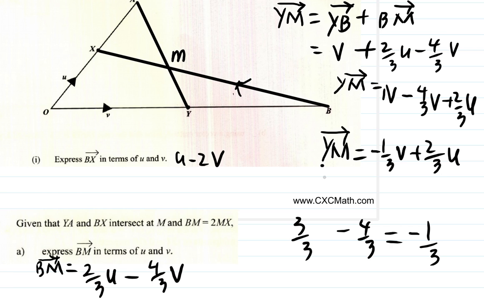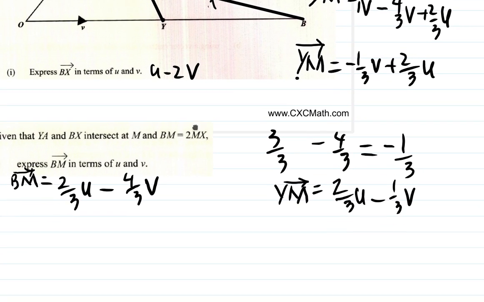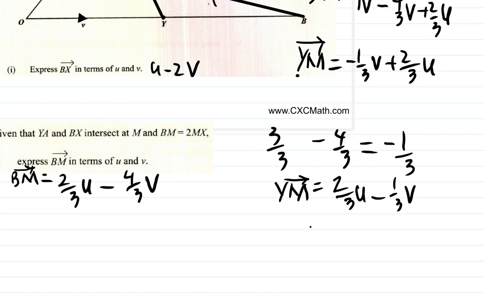Alright? So you can say YM then is equal to, put the positive 1 in front, even though u comes before v. You could say 2/3 u minus 1/3 v. Then after that, what you could do is factorize.